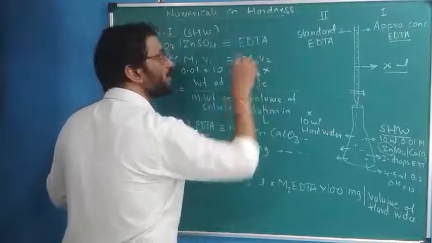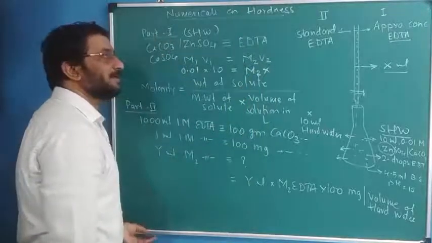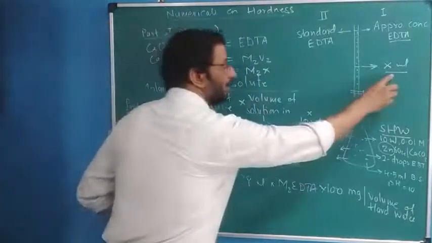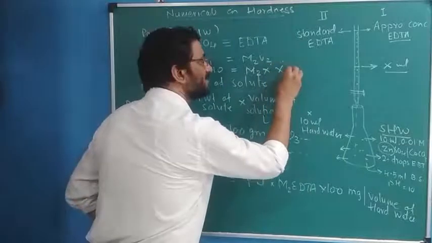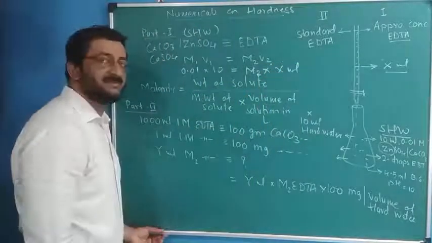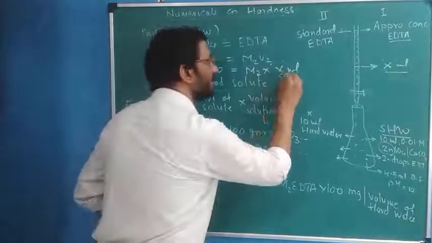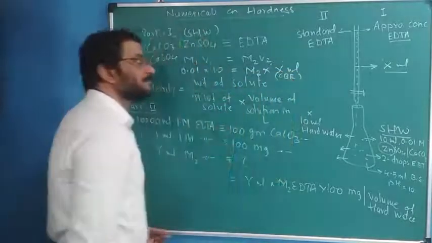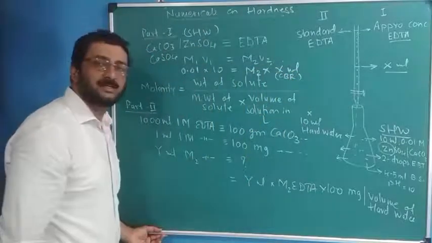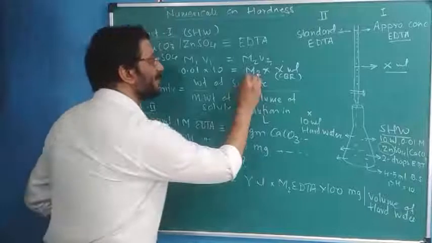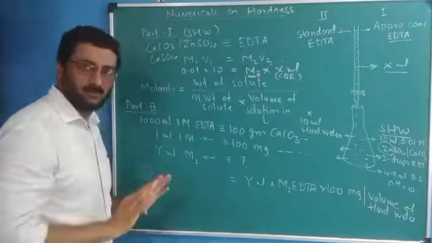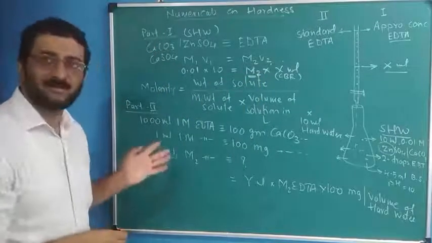And V2 is the EDTA volume for completion of the reaction. How much is it? X ml, the CBR, constant burette reading, of the titration. From that we can easily find out M2. Fine.